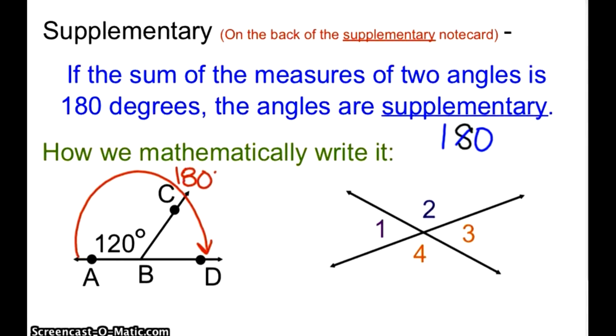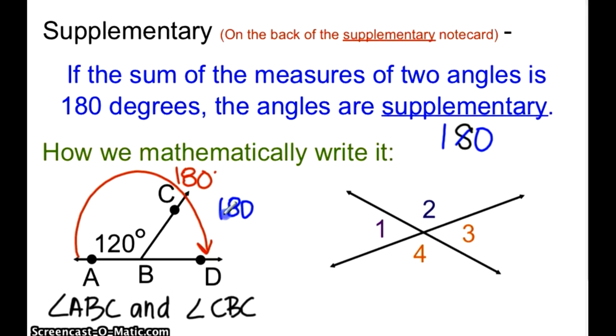So angle ABC is supplementary to angle CBD. And the measure of angle CBD, we find that by doing 180, because supplementary adds up to 180, minus the angle we know, and that's going to give me my unknown. So 180 minus 20 is going to be 60. So this angle right here measures 60 degrees.